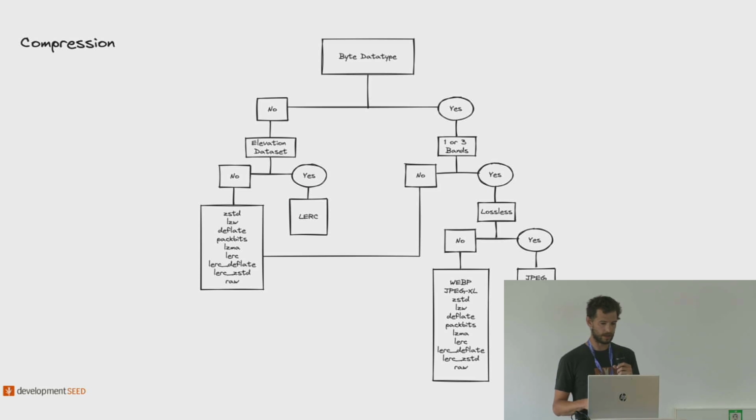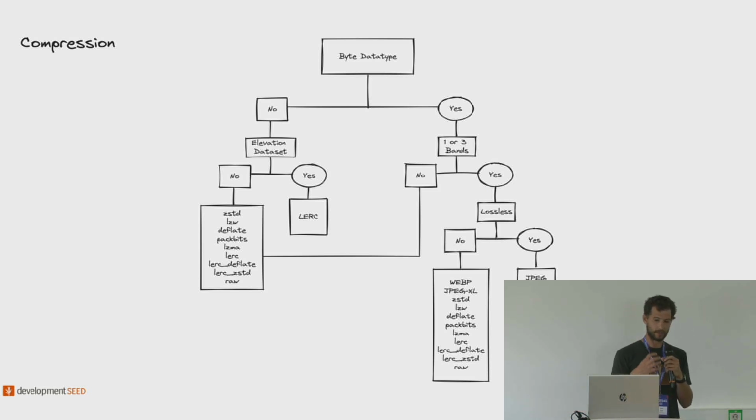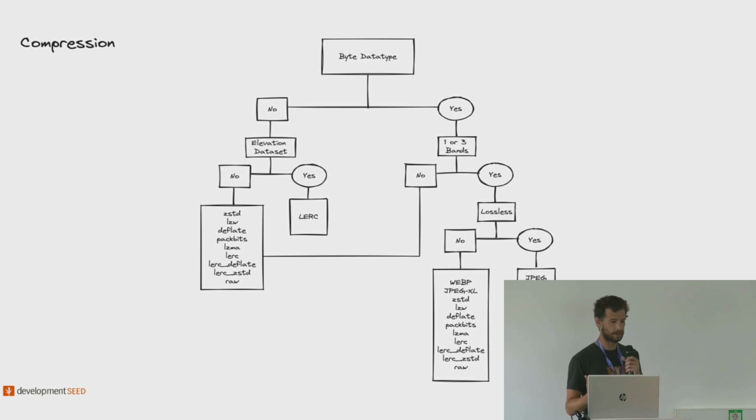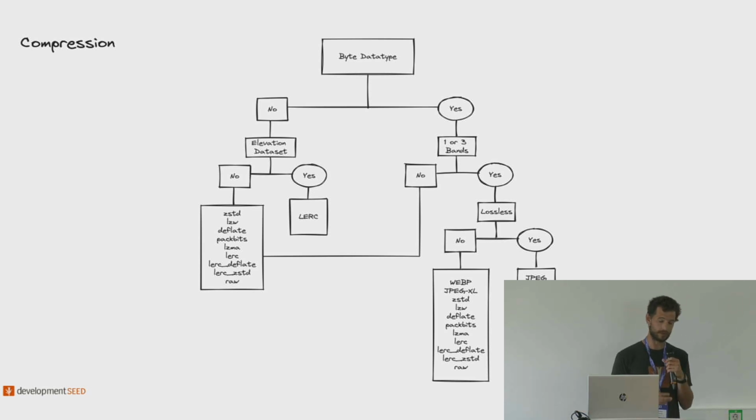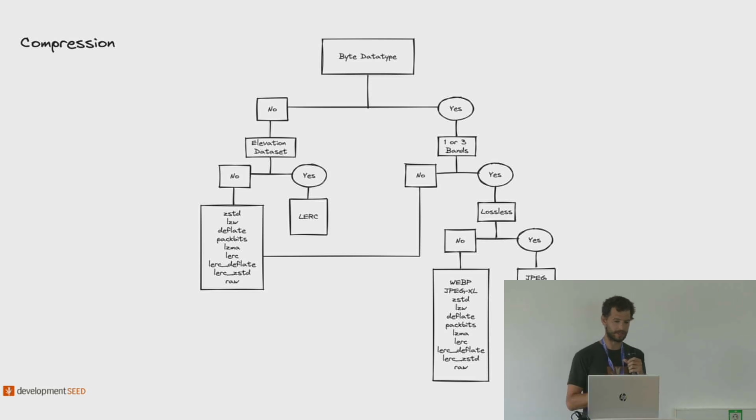And so the data format is important, whether it's a cloud optimized GeoTIFF or Zarr, but there are also things to consider. You have to choose the compression that you use. The data should be compressed so you restrain the data transfer between your server or your client and the data itself.